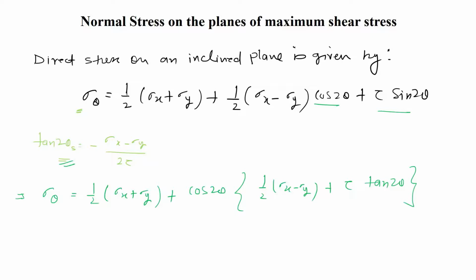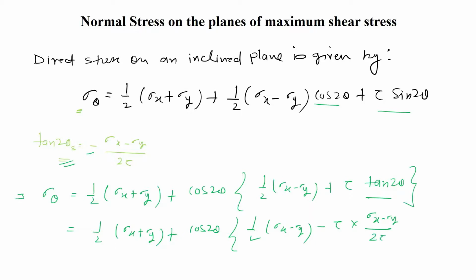If we replace this value into this formula, then we will have 1/2 (sigma x plus sigma y) plus cos 2 theta times 1/2 (sigma x minus sigma y), and this becomes minus here, and this is tau multiplied by, in place of tan 2 theta, we write (sigma x minus sigma y) over 2 tau, and because of this minus, this plus becomes minus.